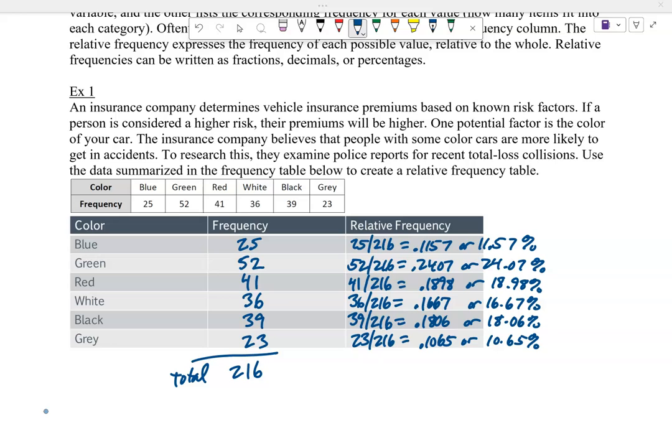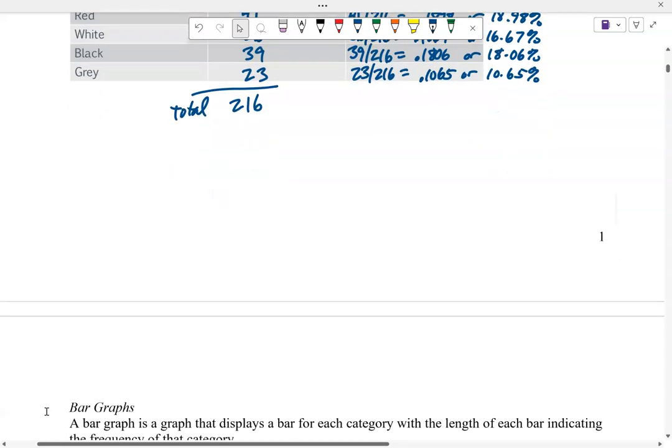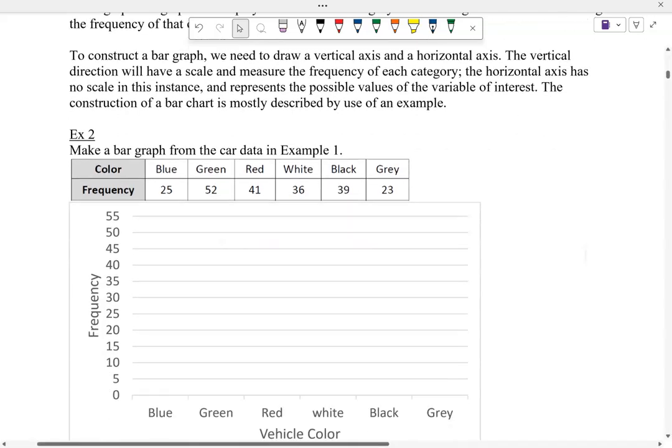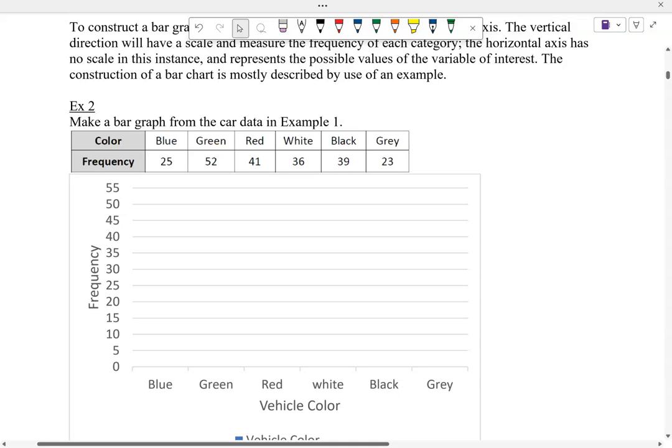Now let's talk about bar graphs. Here is a graphical display of your data with the length of each bar indicating the frequency. All right, so let's do that same data here. Now we know we have 25 blue cars, so we're going to go up to 25. There's the green.